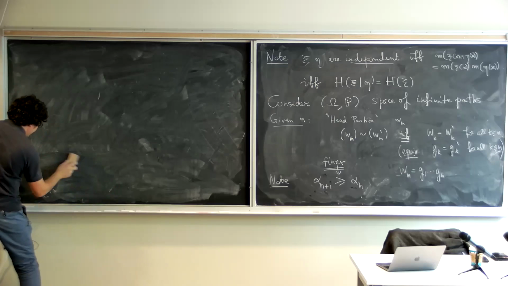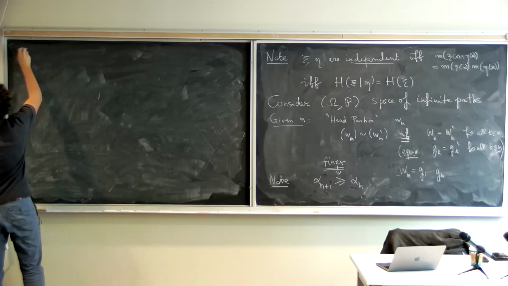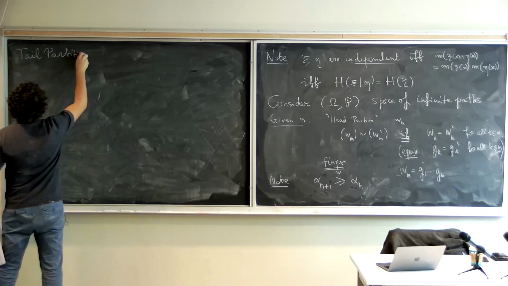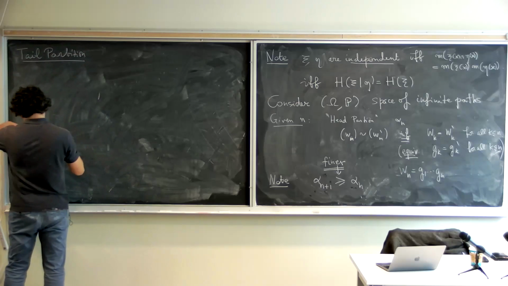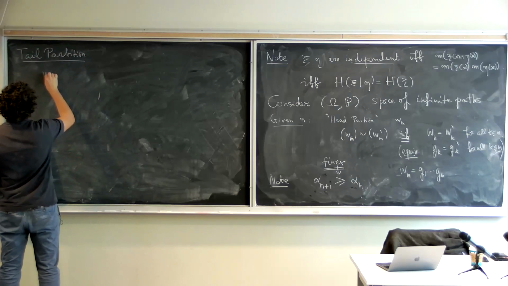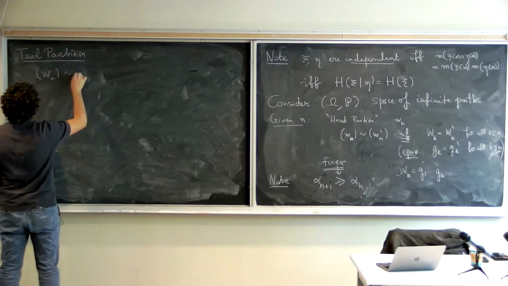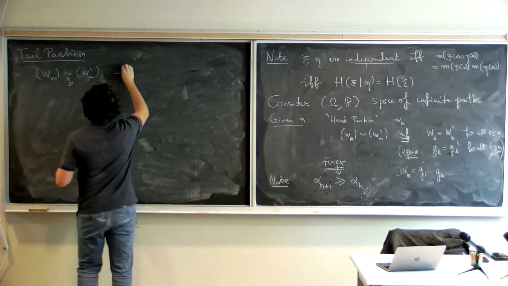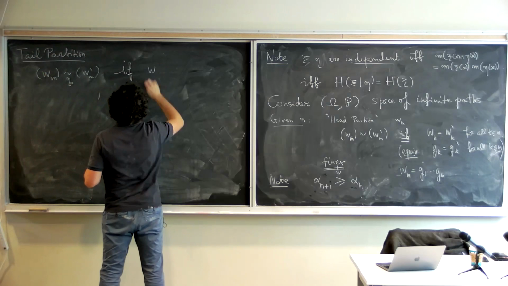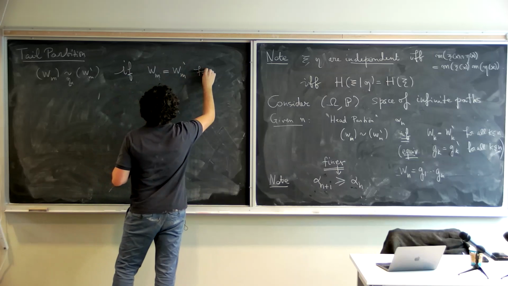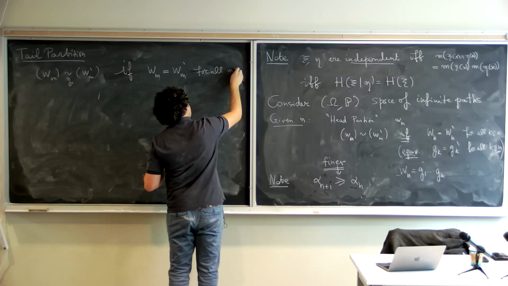Now the other one is the tail partition. The tail partition is recording the tails, as the name suggests. So we say that Wn is in the same eta n class as Wn prime if Wm equals Wm prime for all m bigger than n.